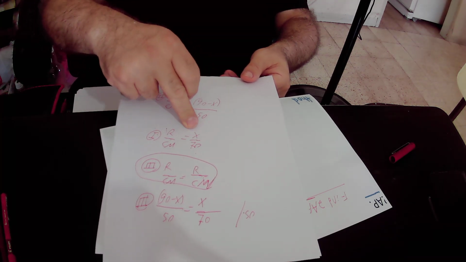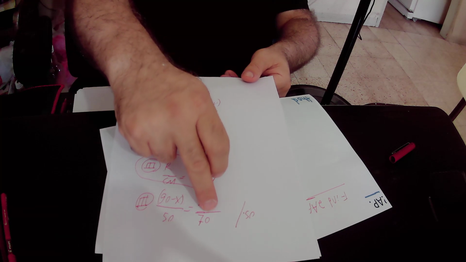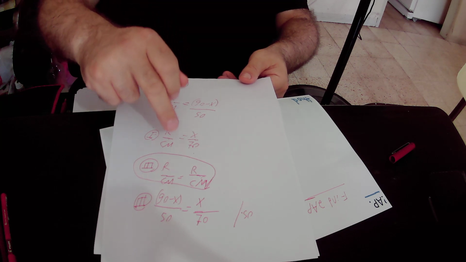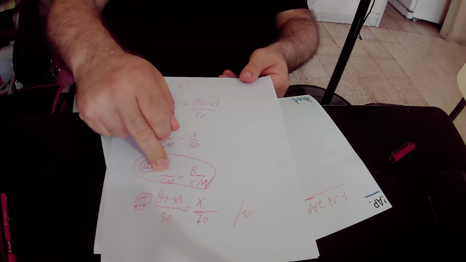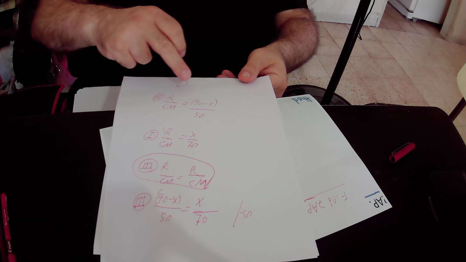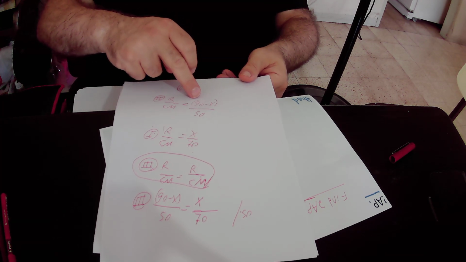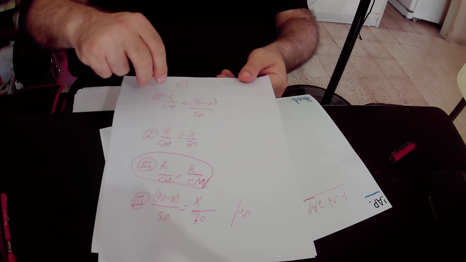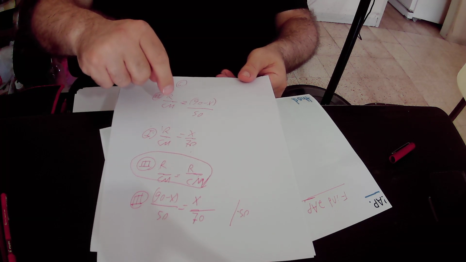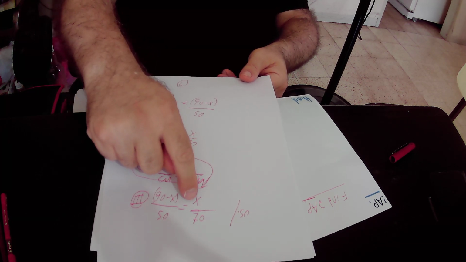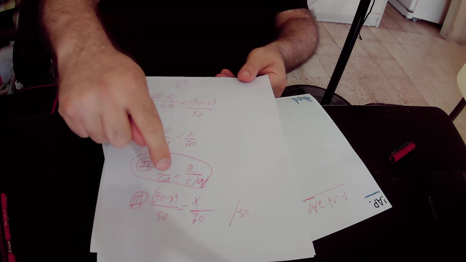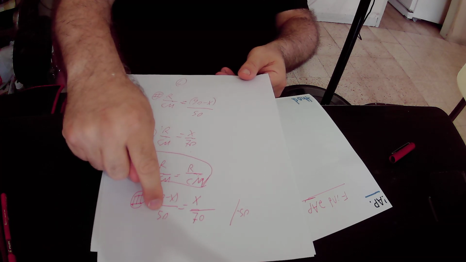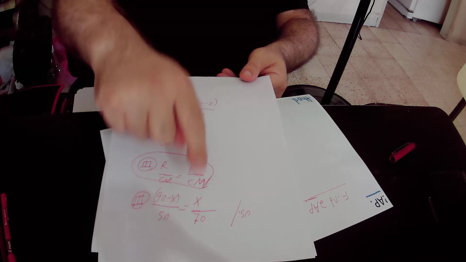That is to say, we put X over 70 in this side, and in this side we put the value of R over CM from the second equation, that is 90 minus X over 50. So we got that 90 minus X over 50 equals X over 70.